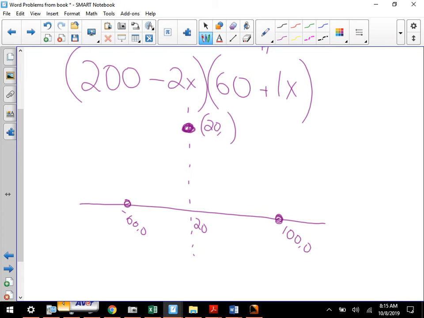What do I do to find the y value? All right. So what's 20 times 1? 20. What's 20 plus 60? 80. What's 20 times 2? 40. What's 200 minus 40? 160. So we've got to figure out what 80 times 160 is. You might be able to.